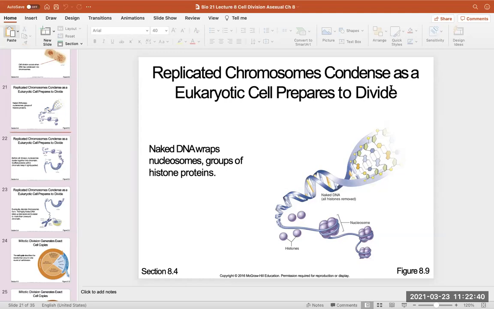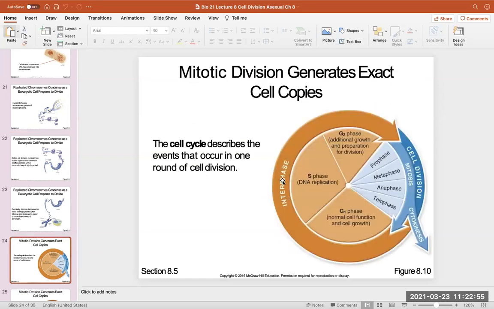Okay, it's gonna include interphase, mitosis, and cytokinesis. Yes. So cell cycle means the whole cycle. It has interphase, then it has mitosis, and then it has cytokinesis. If I say, give me briefly the steps of cell cycle, you're gonna give me these 3.